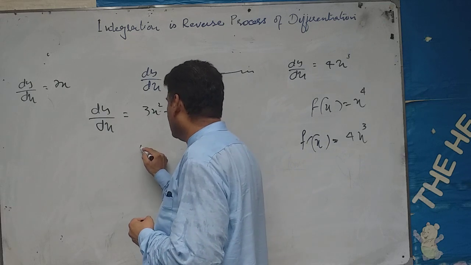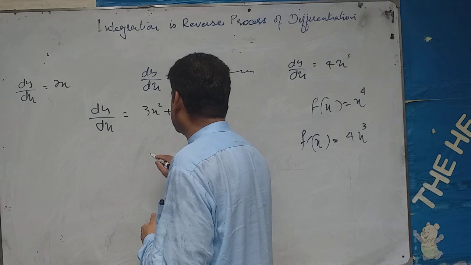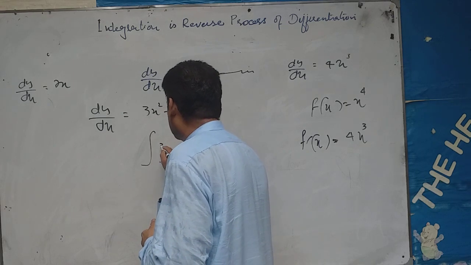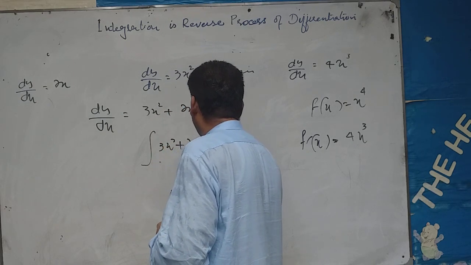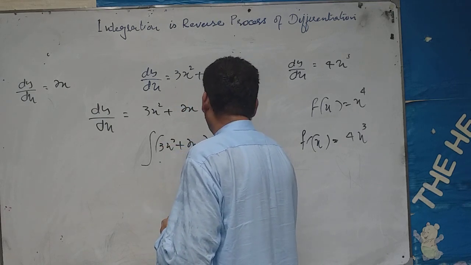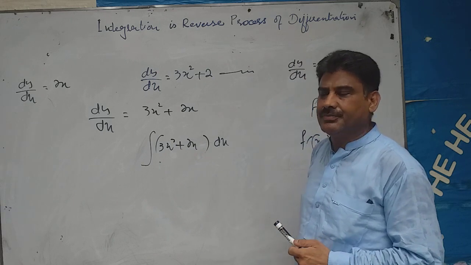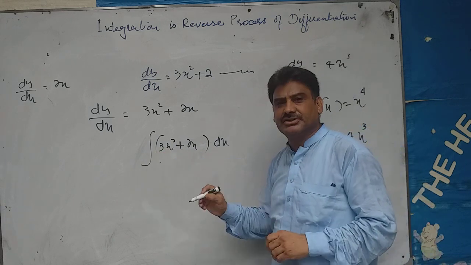Suppose we have to integrate 3x squared plus 2x. We use this symbol as the integral or antiderivative of the function.